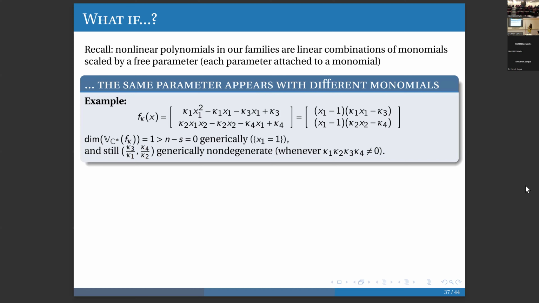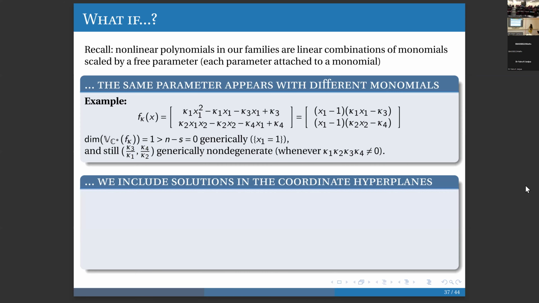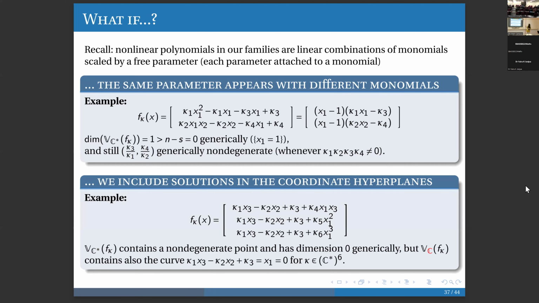The codimension is generically smaller than the number of linearly independent equations. So we are using that particular property of reaction network systems. And if we include the solutions in the coordinate hyperplanes, I told you we were working on the complex torus because the zeros were problematic. If we include the solutions with some zero entries, it also breaks. So these two things are important for this result.